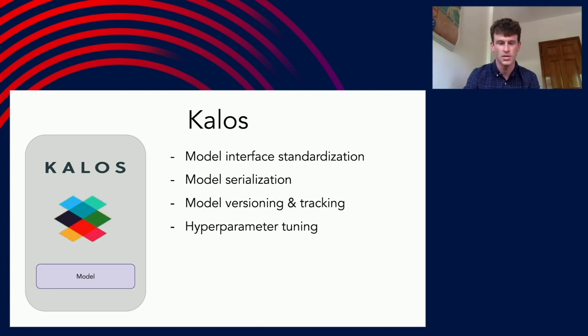And Kalos would then, within the scope of Spire as a framework, abstract all the peculiarities of whatever model architecture the data scientists wanted to use into this unified interface that would be able to execute within or at scale and in production, regardless of the backend.